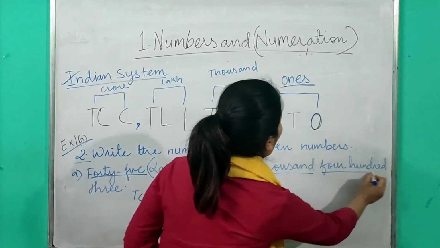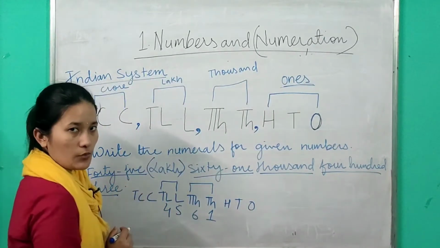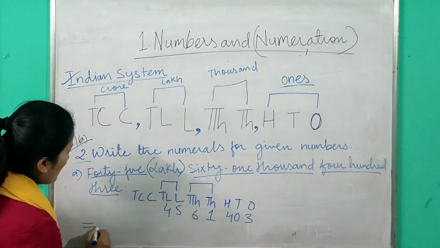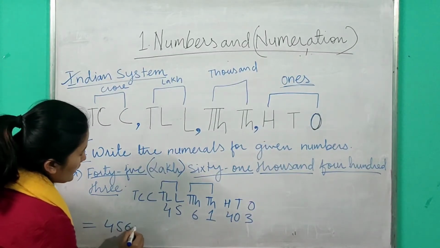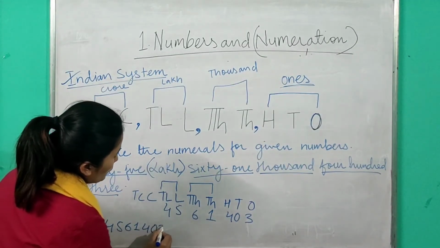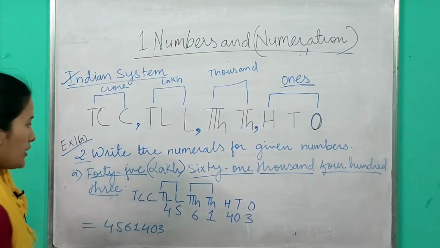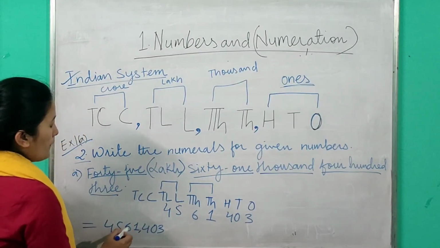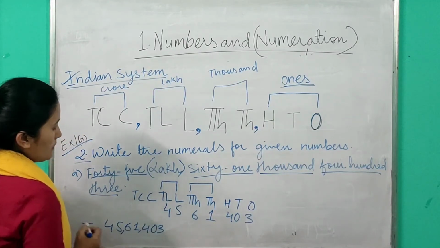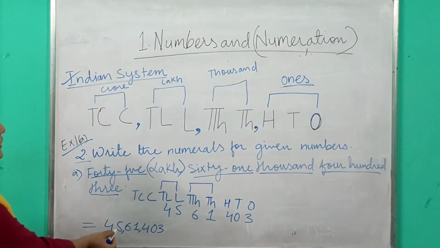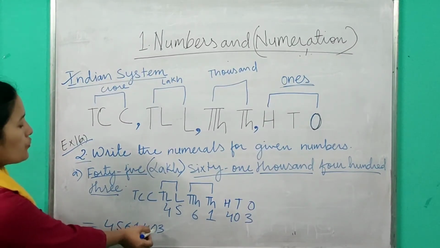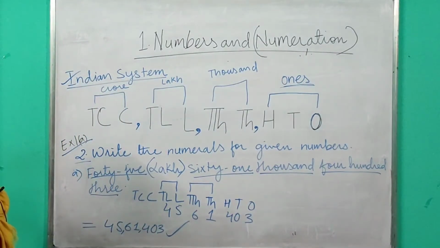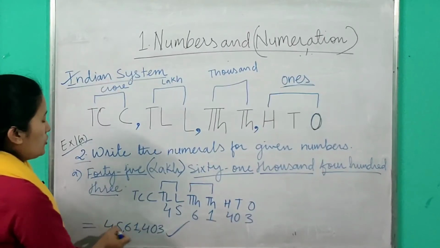Then you have 403, which falls under the ones period. So your number would be 4561403, and don't forget to put commas. We all know that after the thousands place you have 1 comma, and after the lakhs place you have 1 comma. So you have 45,61,403 as your answer. So you were successful in converting the words into numbers.